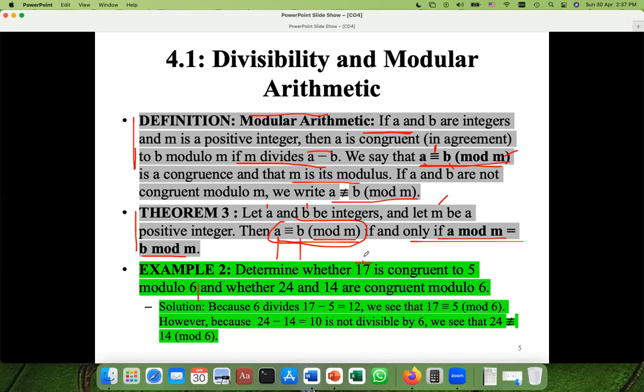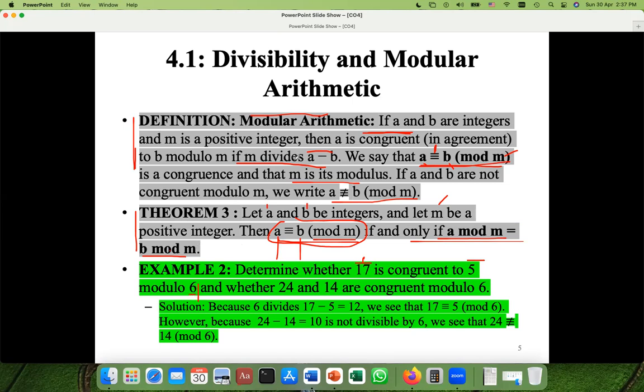Now this 17 is A. This 5 is B. And this modulo 6, this 6 is M, according to that equation. And now you have to find whether 17 is congruent to 5 modulo 6. Is the congruence holding here or not? Holding means happening here.